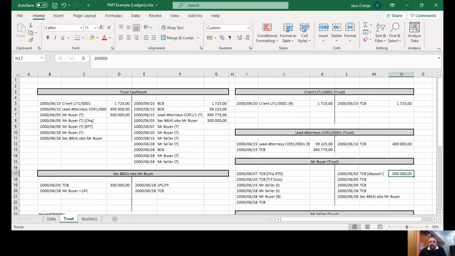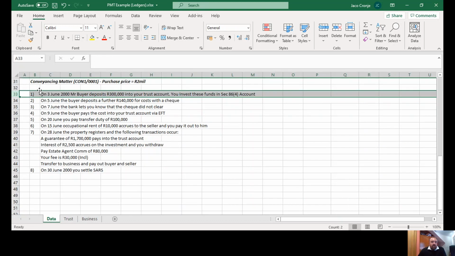Has that liability changed because I invested these funds? And the answer is no. I've simply moved it from one cash book into another cash book. But my liability towards Mr. Buyer is still exactly the same. So it's simply we credit the one bank account and we debit the other bank account. Okay, so on the 3rd of June, the deposit, that part we've done.